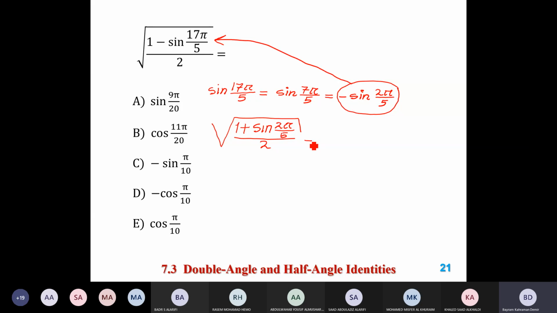Now, let me change the sine to cosine, because we don't have a formula like 1 plus sine theta over 2. We must have a cosine function here. So it is 1 plus cosine what, Shabab? Cosine of pi over 2 minus 2 pi over 5. Perfect.